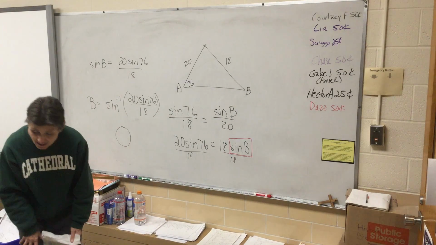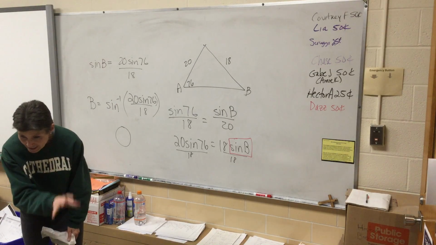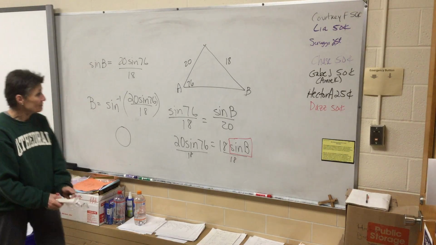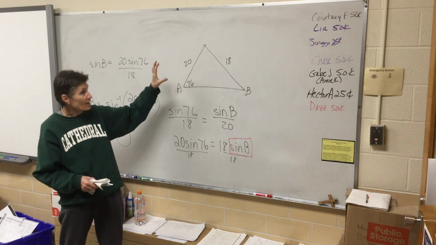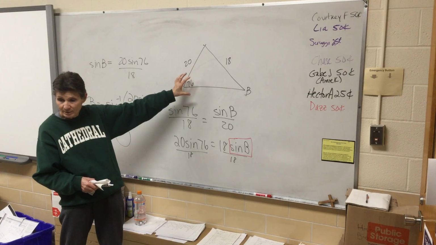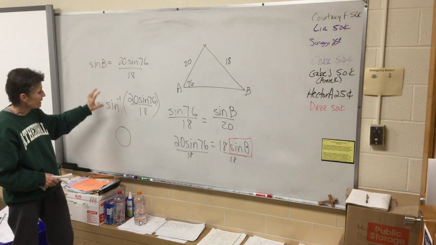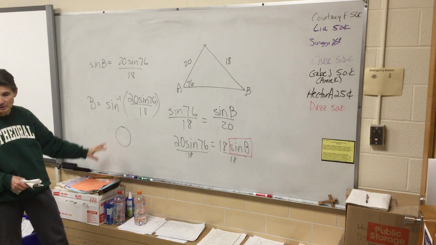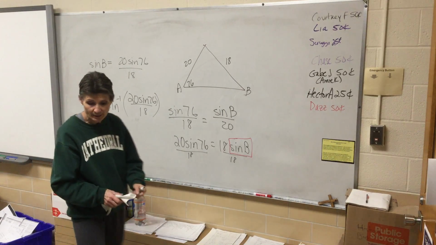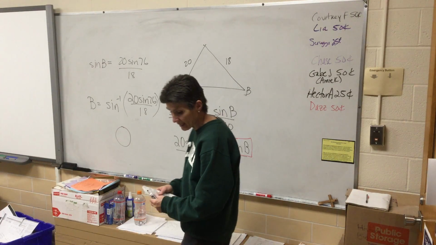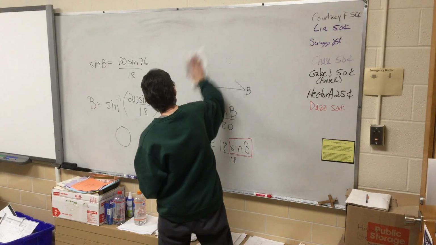So remember, these instructions said, how many triangles have those characteristics? Well, in this case, there are 0 triangles that you could draw with these characteristics. 0. Because when you worked it out and you typed it in, the calculator said error. That means it's impossible. You can't do it. So there are no triangles possible for problem B.